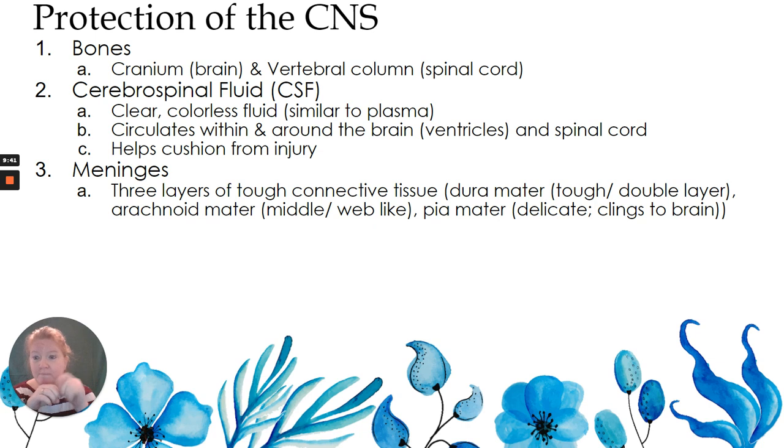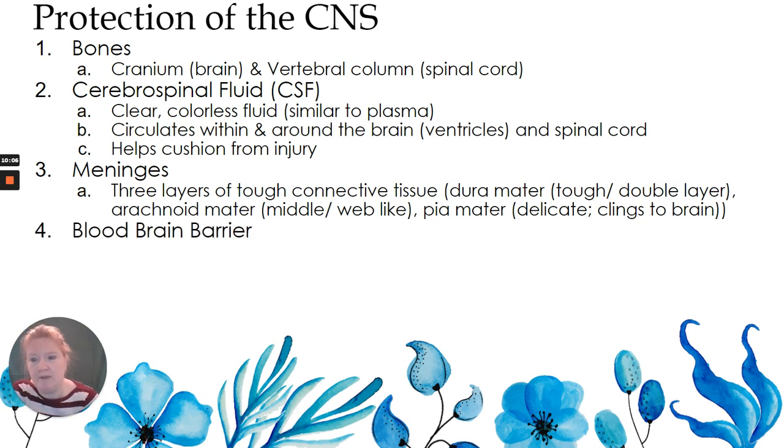And then we have the pia mater, and that is delicate. It actually clings to the brain, even folds into all of those folds and creases in our brain. So that is closest to the brain. So the pia mater, then the arachnoid mater, and it really is web-like with a lot of space for the cerebrospinal fluid. And then we have the dura mater, that tough outer layer.